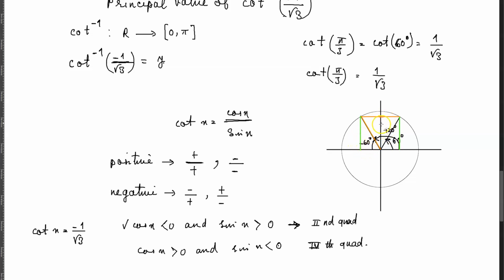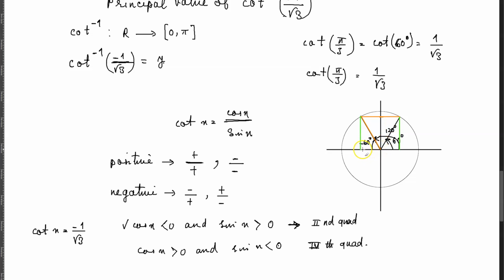Now, over here, what you can see is that for the angle that I have, which is 60 degrees, the cot of that angle is 1 over square root of 3. Now, the sine of the angle 120 degrees is exactly the same thing as the sine of the 60 degree angle.